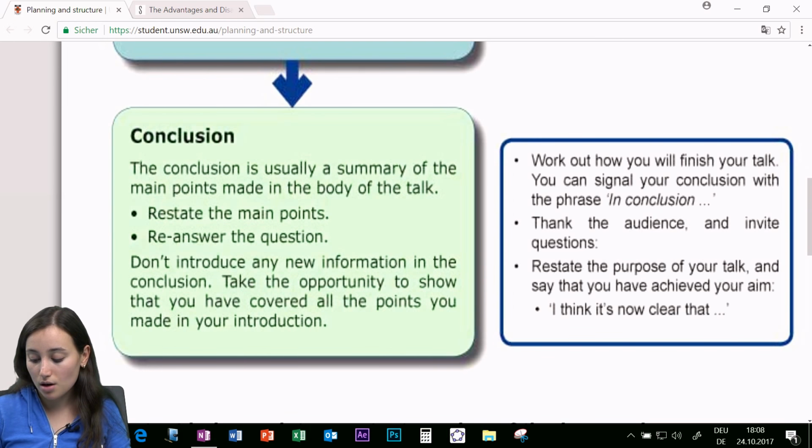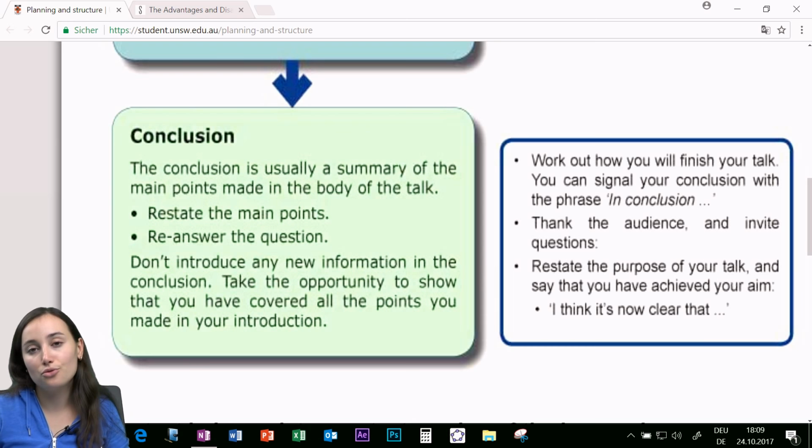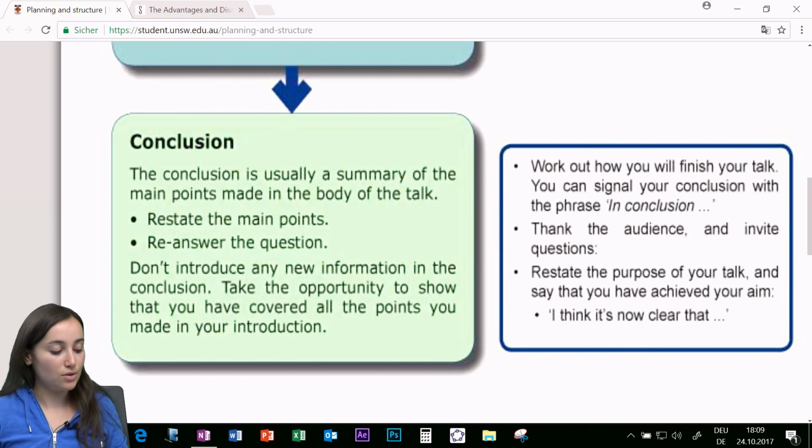And there are also some signposts, a way to connect ideas in order for your audience to follow you, and to follow your thought process. So signposts are basically an aid for the audience to follow you better in the way you present yourself.